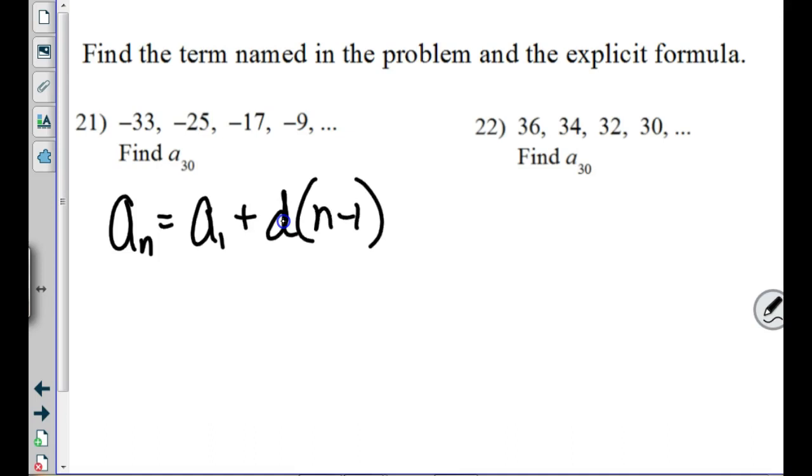Help me put numbers in. Equals negative 33 plus, what are we adding every time? The difference is negative 25 minus negative 33, which is positive 8.